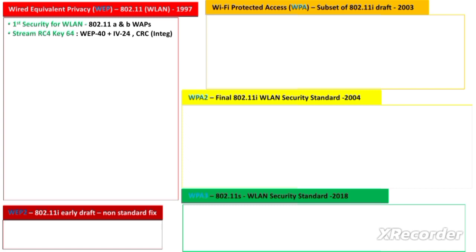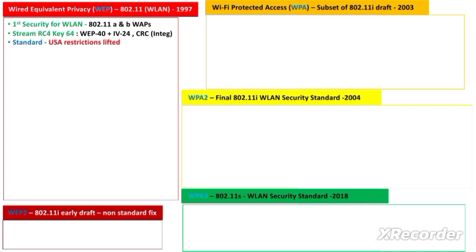So all these protocols, their purpose is to encrypt the traffic between the wireless access point and the wireless client, that is the wireless network card of your PC. Now the limitation of using 64-bit was due to the restriction by the US government on encryption.